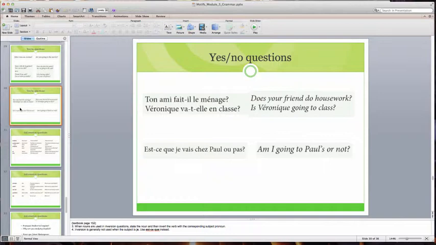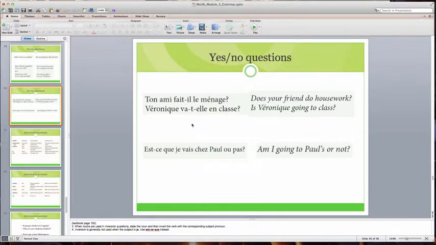So let's look at some examples. Ton ami fait-il le ménage? Literally, we're asking your friend, does he the housework? Does your friend do the housework? What we've done is we've inverted the subject, your friend, in English, with the helping verb does. We've done something very similar, in other words.